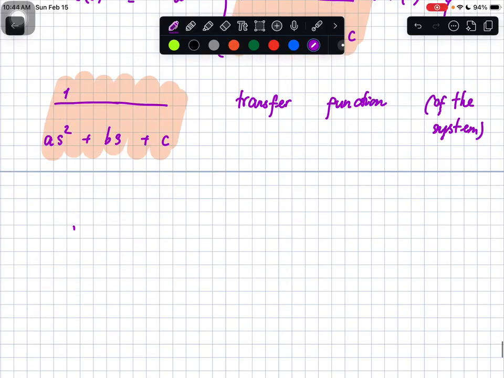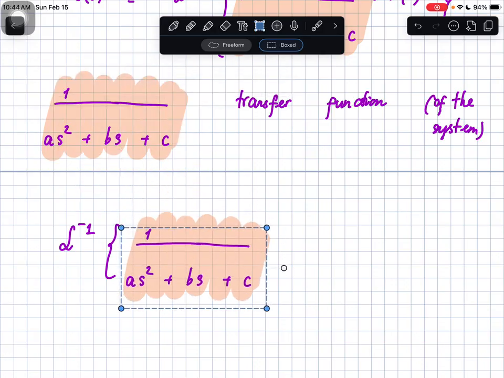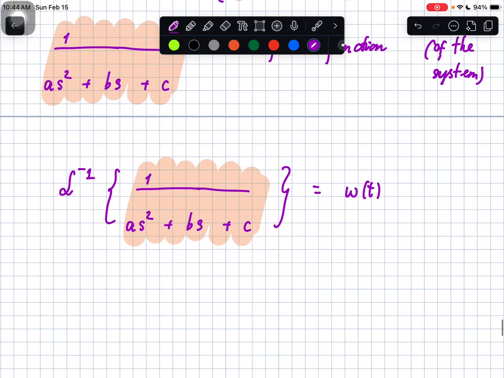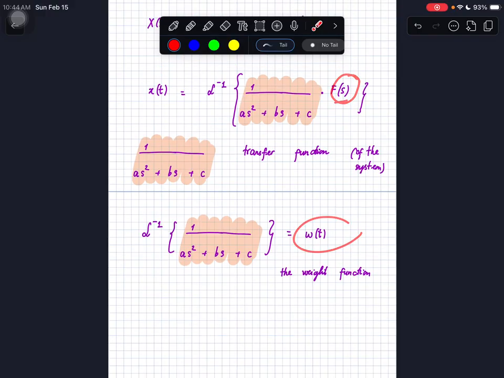The inverse transform of the transfer function, let's call that omega t, and we call this the weight function of the system. So you know that the inverse transform of this term is omega t. Inverse transform of big F is small f. So now we can use a convolution.